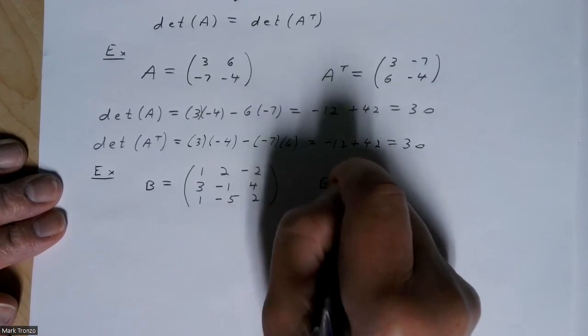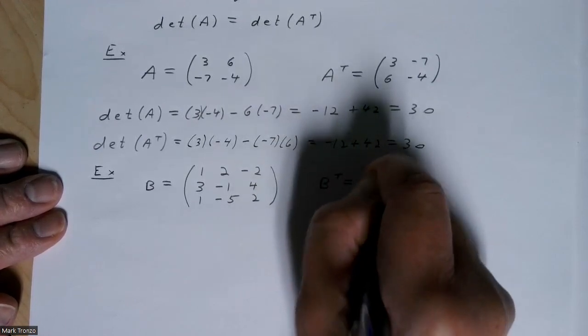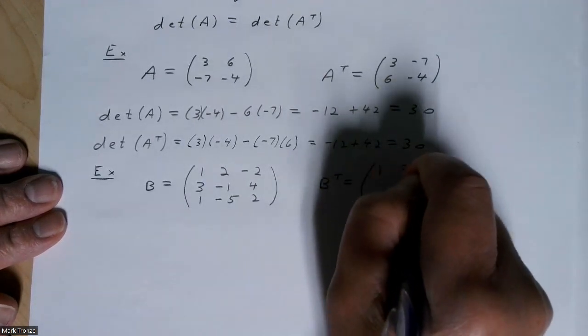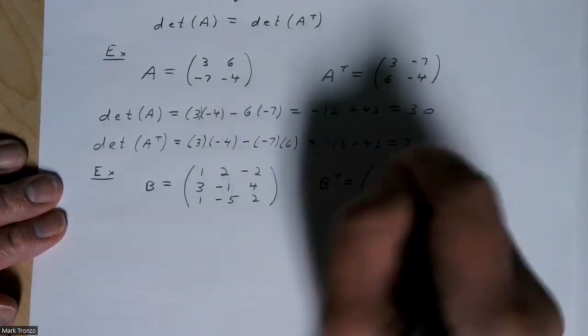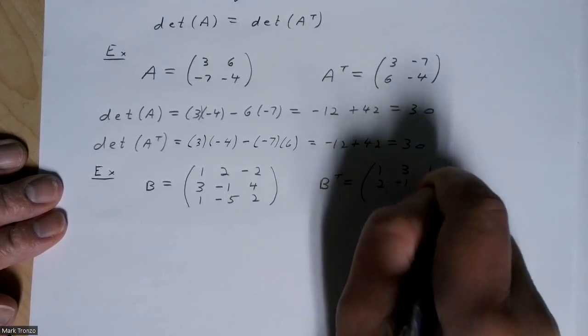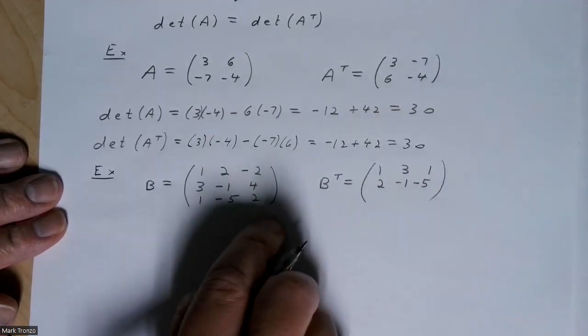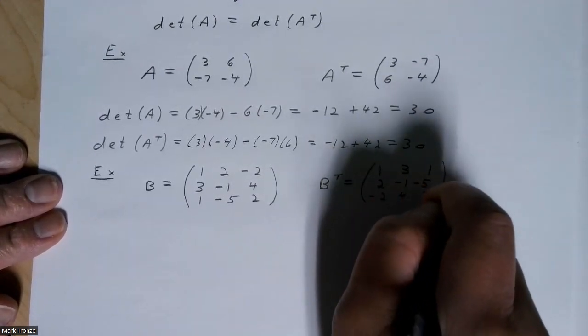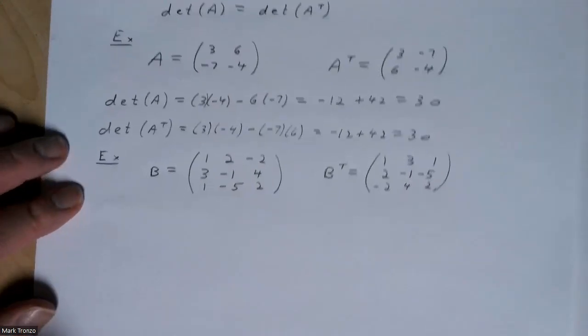And once again, remember the transpose is going to be this column becomes this row, this column becomes this row, this column becomes this row like this.